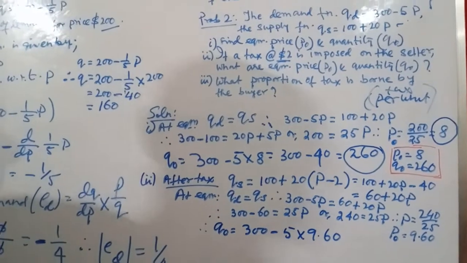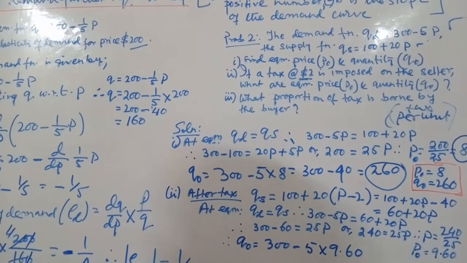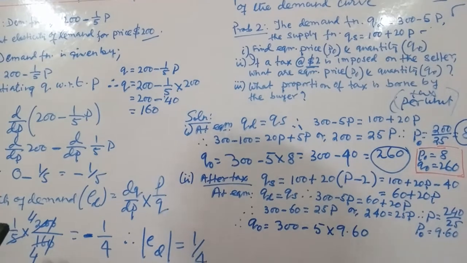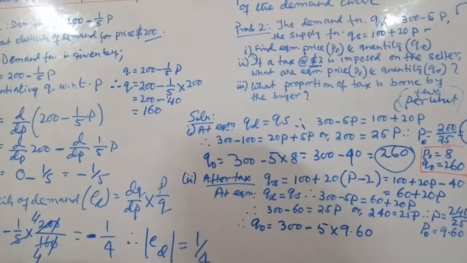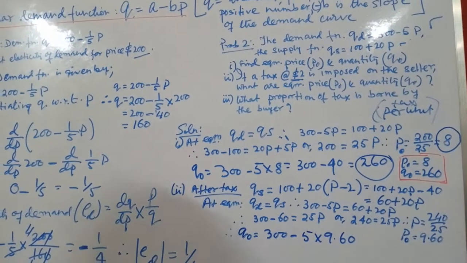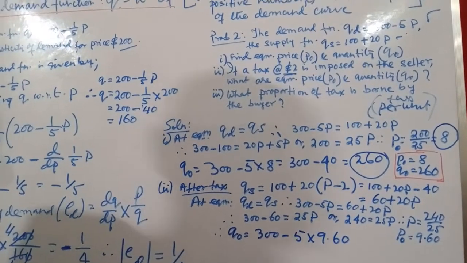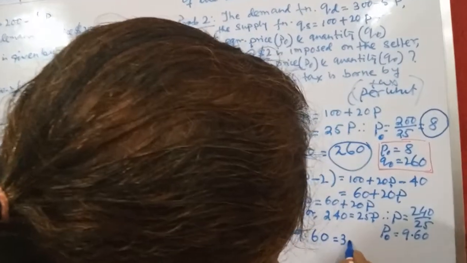So this comes to 9.6 into 5, that gives us 48. Therefore, Q0 equals 300 minus 48, that is 252.